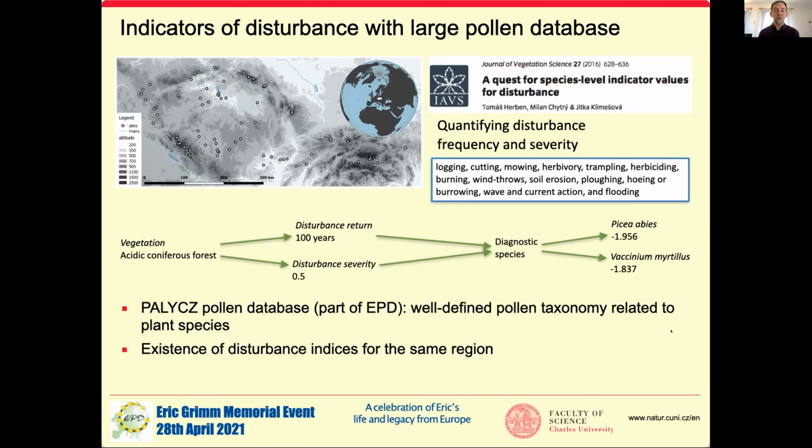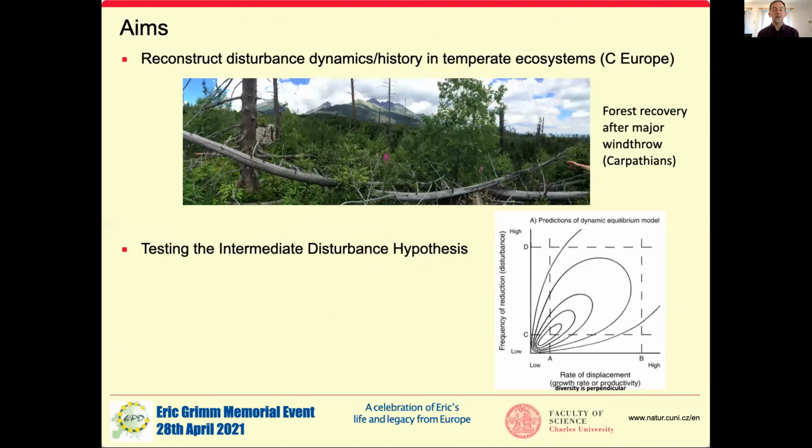We tried to use this ecological index to ask basically two main questions. One was that we were interested in Holocene disturbance history, Holocene disturbance dynamics in temperate ecosystems in general. This was also driven by the fact that disturbances in forests are recently increasing due to human pressure and climate change.